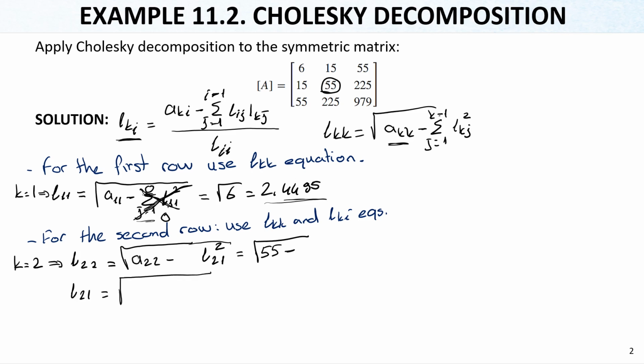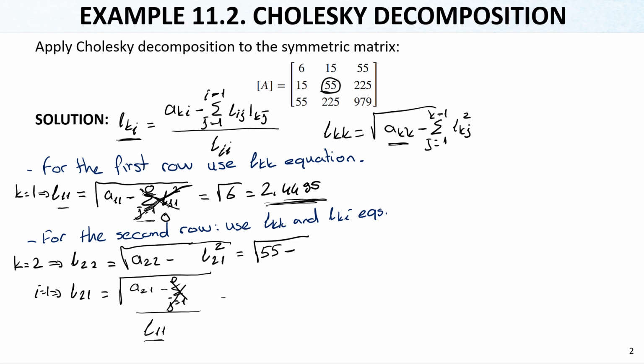In the first equation, we have i equals 1, A21 minus the summation, which is i minus 1. i is actually here 1. So here it becomes 0 and j starts from 1, meaning that this term is again 0 actually. This becomes 0 divided by Lii. Lii means L11. So this L11 we already found this value.